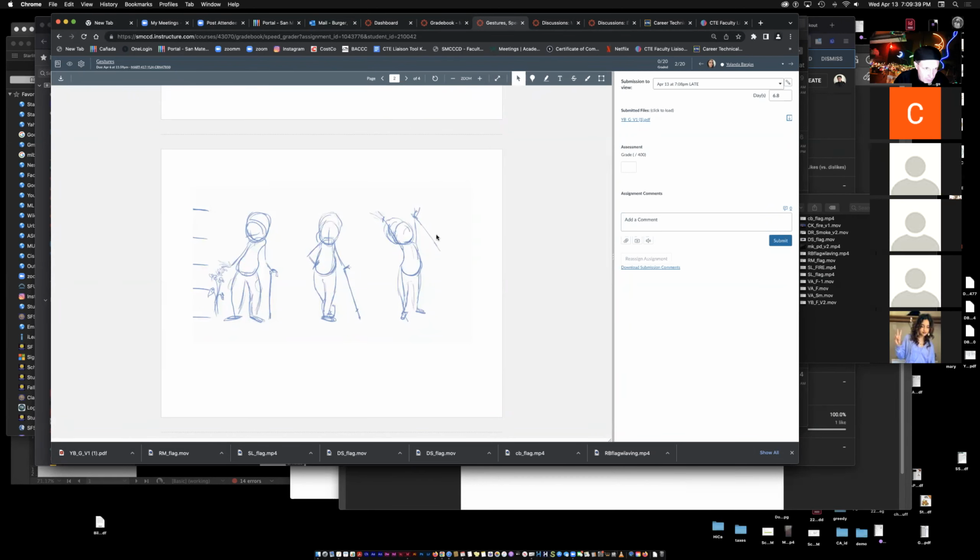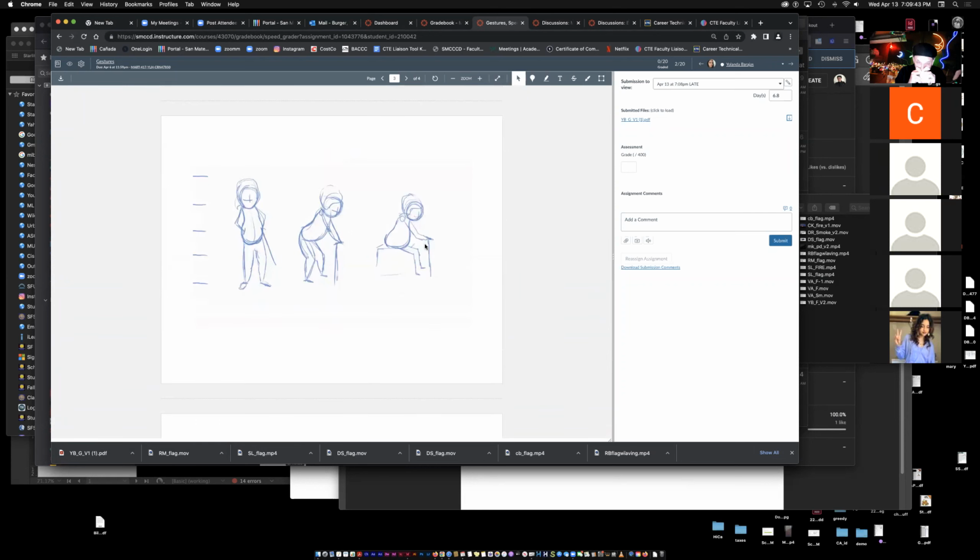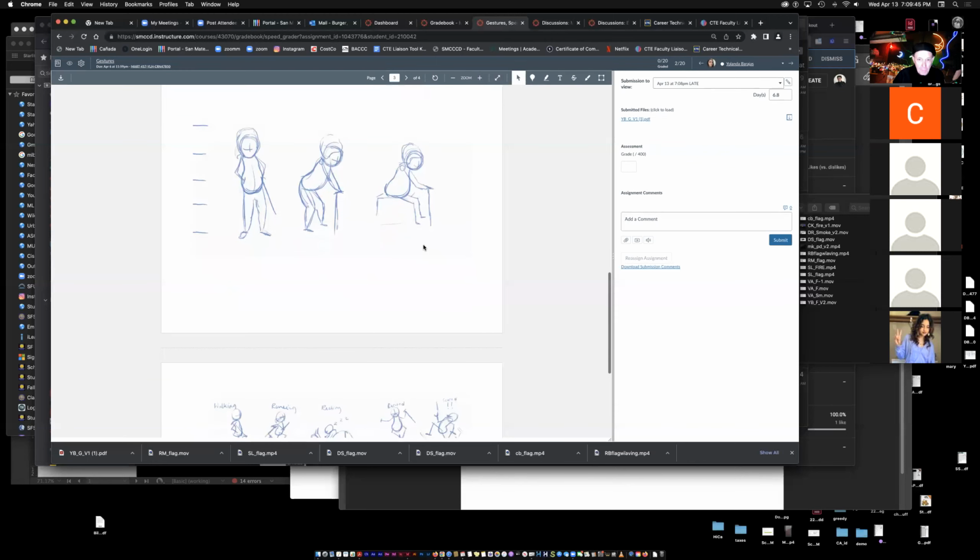Yeah, so this is what I want. Standing, neutral, happy, sitting, okay.